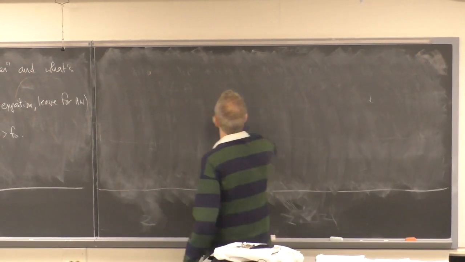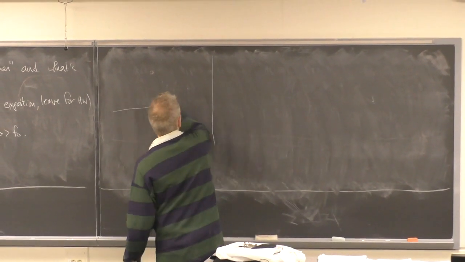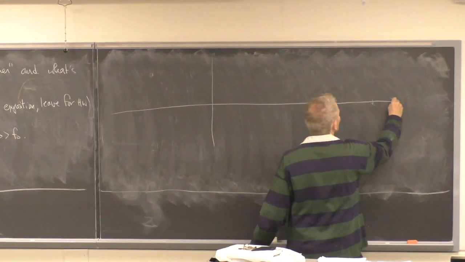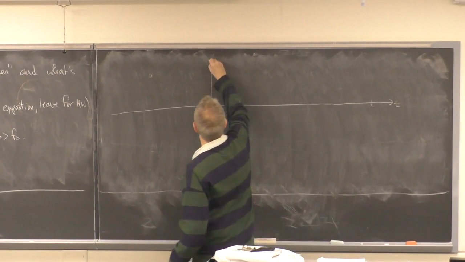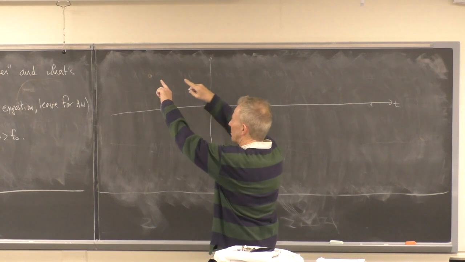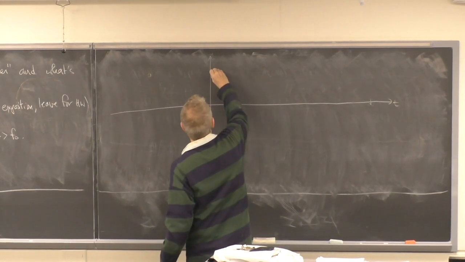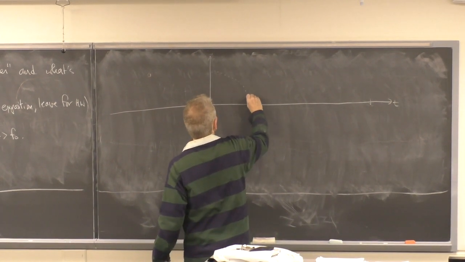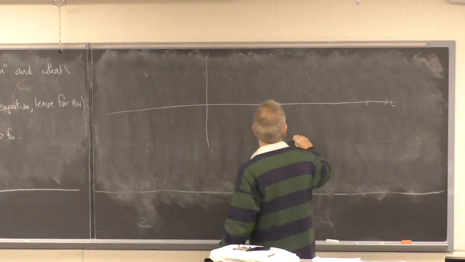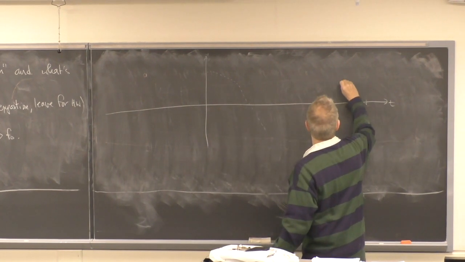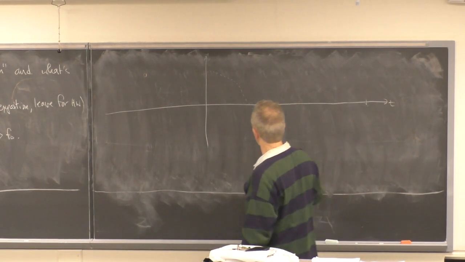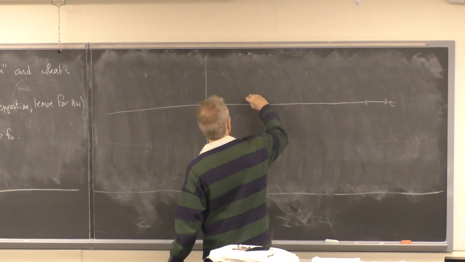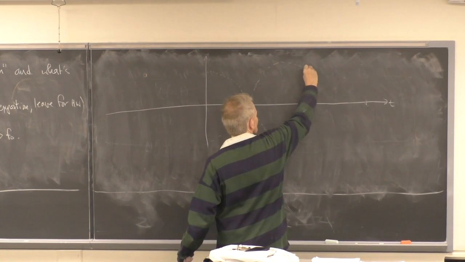First off, you're going to have a cosine of frequency f0. I'm just going to dot that in. It's not part of the graph.